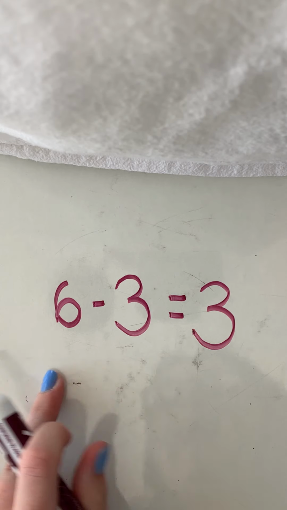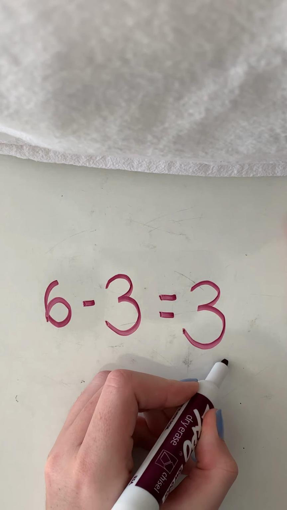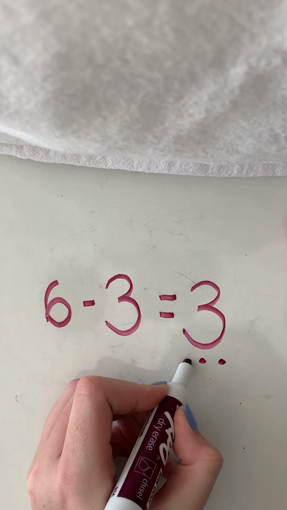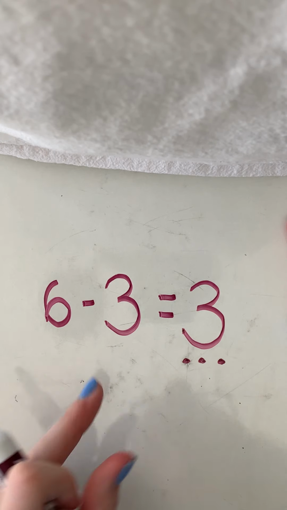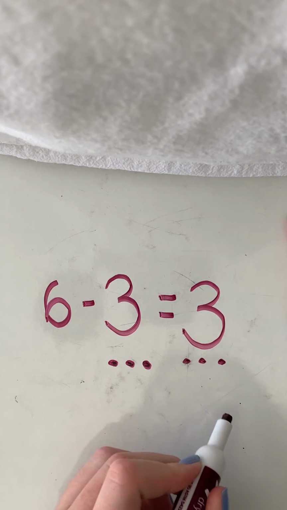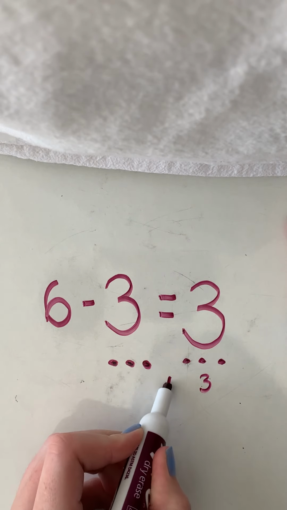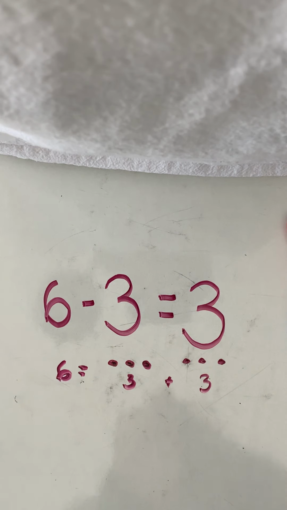One other way that I can double check the work is if I started with 3 dots, because 3 is our answer, and then I added 3 dots. So it would look like 3 plus 3 equals 6. These are 2 ways that you can encourage your child to check their work after they're finished.